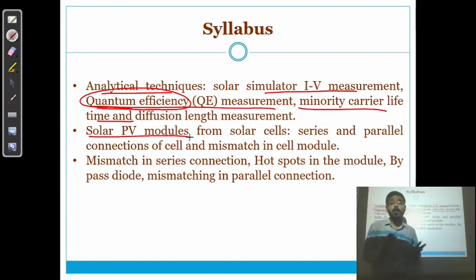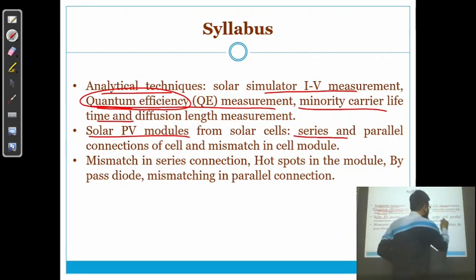A single cell is not able to give the required power, current or voltage, so to reach the minimum requirement for any individual household, we need series and parallel connections of solar cells.